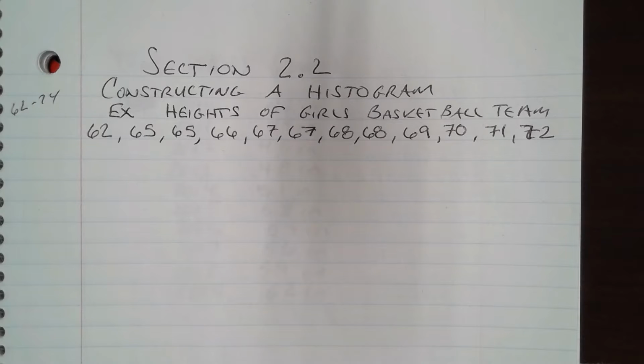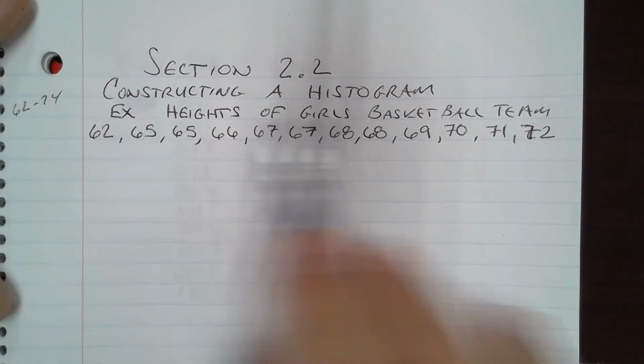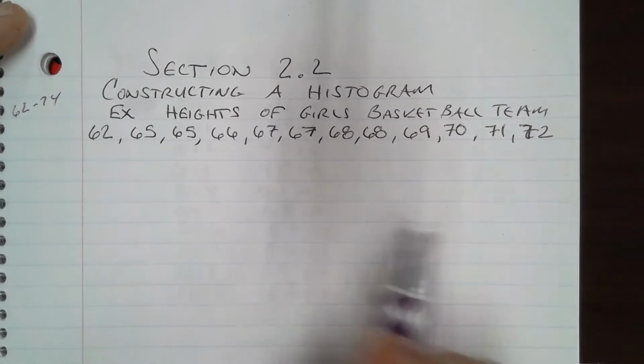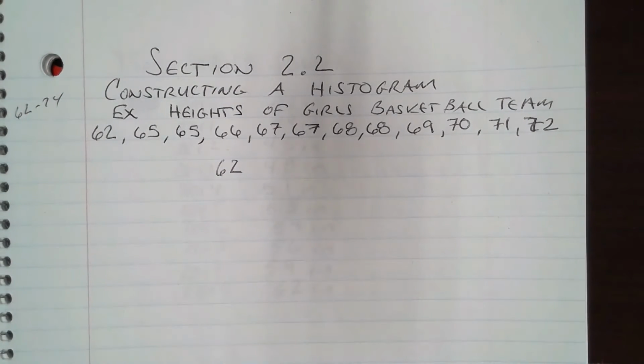I decide. So the first thing I'm going to do as a statistician is look at my data, and it goes from 62 to 72. My minimum is going to be 62. I'm happy with that. But my maximum, I'm going to increase it a little bit. Now, I like even numbers, so I'm going to choose 6 to be the number of bars.